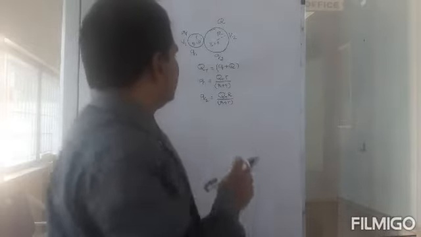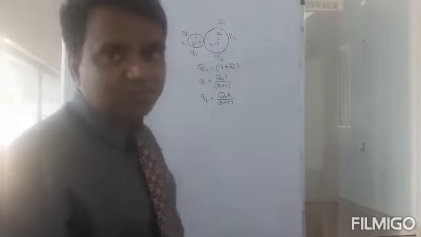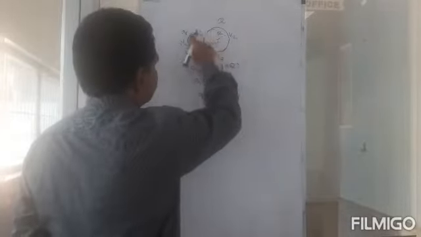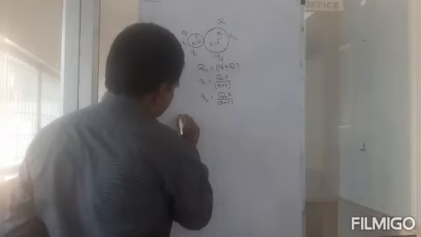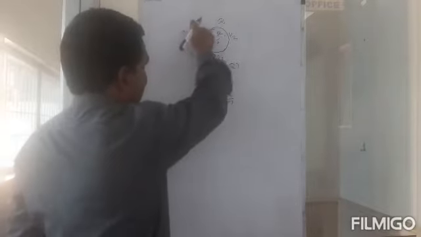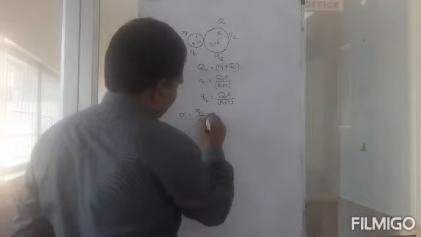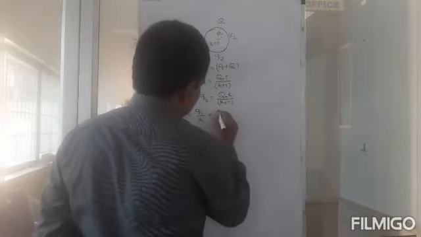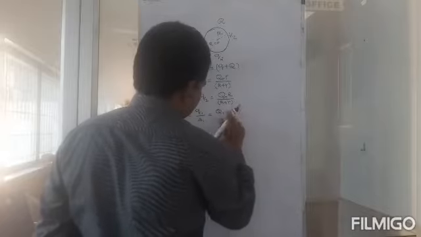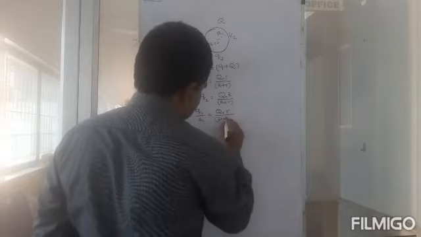But now I'm going to find out the surface charge densities of these two spheres. So sigma 1, what is the surface charge density of this sphere? Sigma 1 is equal to Q1 by the surface area of this sphere, which is A1. So what is Q1? Q1 is Qt into small r divided by R plus r.